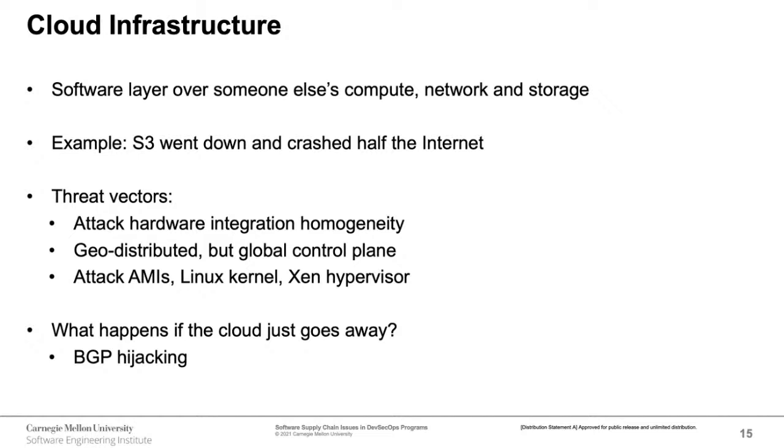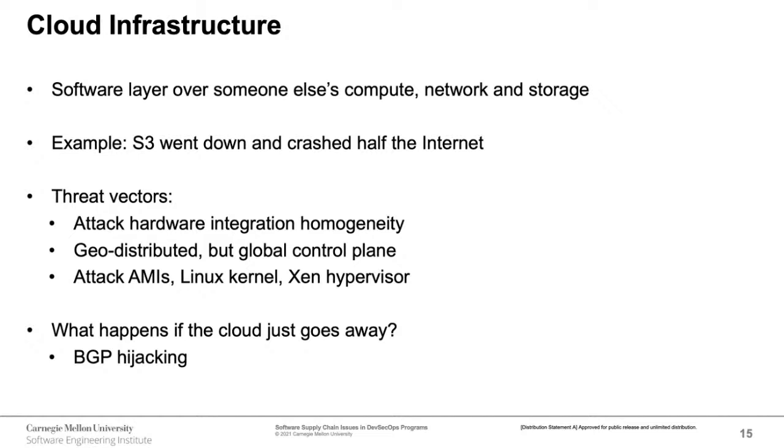You might search for Ubuntu AMI and end up with some third-party version of Ubuntu, as opposed to the actual correct one from Canonical. Or it could be that someone takes over the build process at your favorite AMI provider and injects malicious code in there. And you have different layers of that AMI.